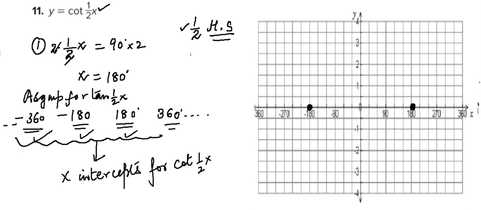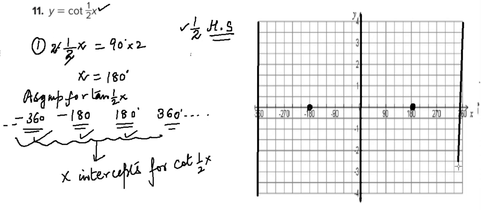The first asymptote is the y-axis. This is for cot, and the other one is between, and the other one will be here, because the midpoint is this one. So what is your cot x? Cot half x. You know that tan x is like this.